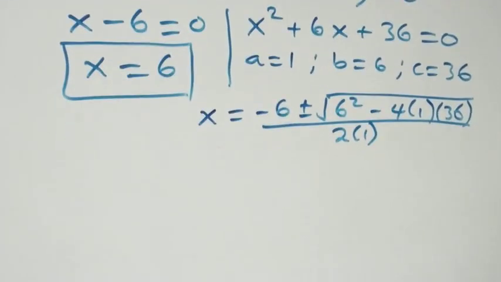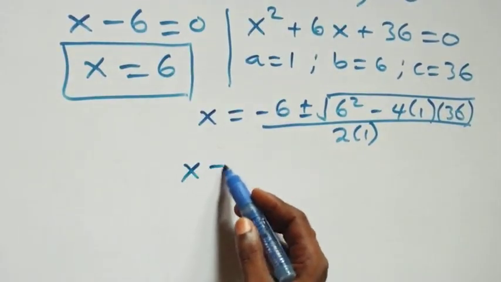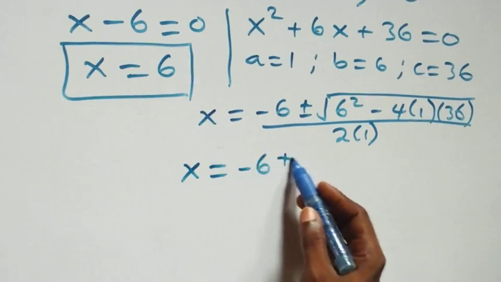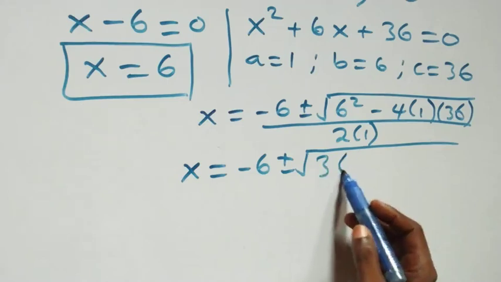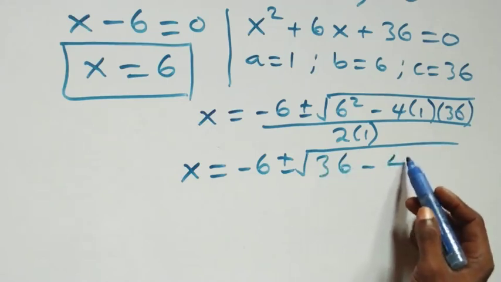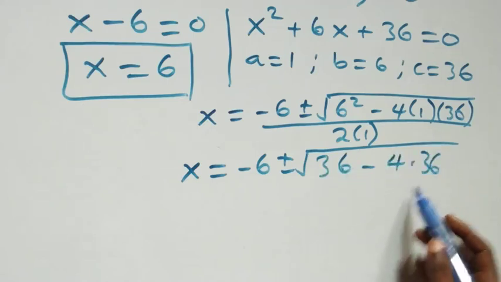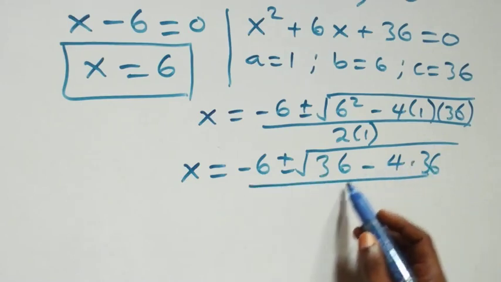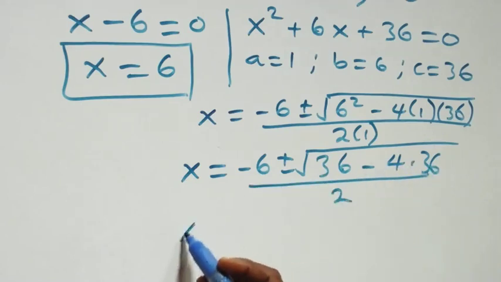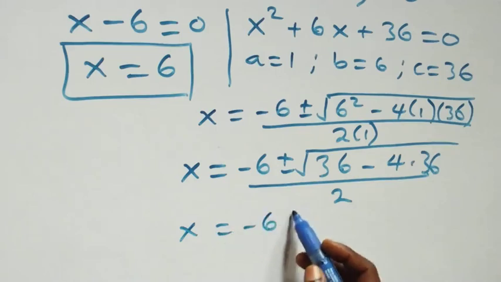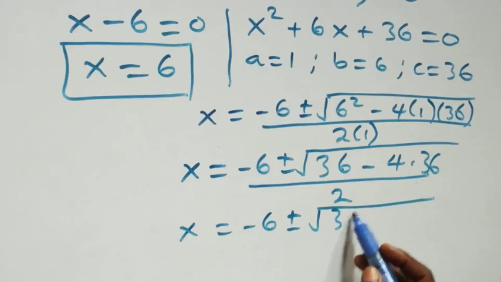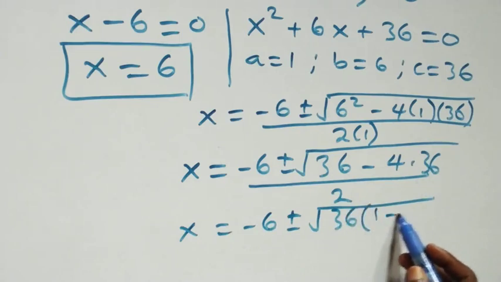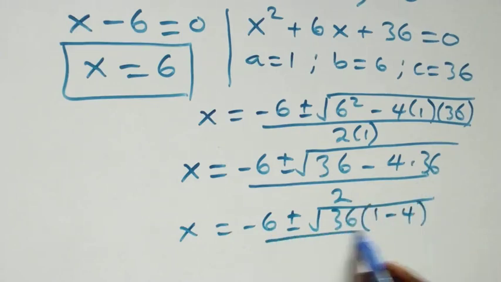Which implies x equals minus 6 plus or minus square root of 6 squared, which gives 36, minus 4 times 36, over 2. Here 36 is common, we factor it out and we are left with 1 minus 4 inside, over 2.